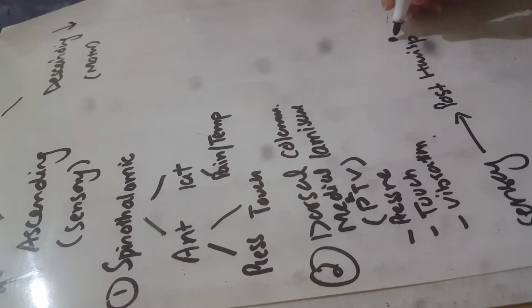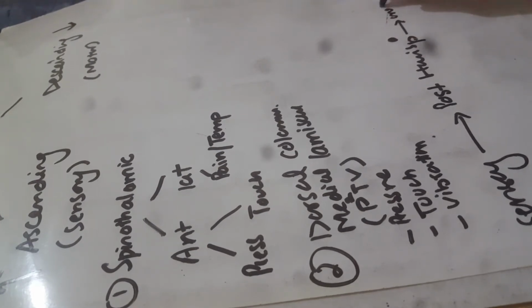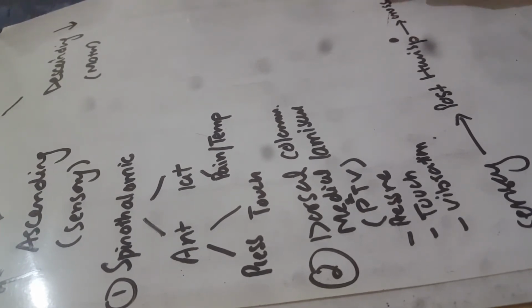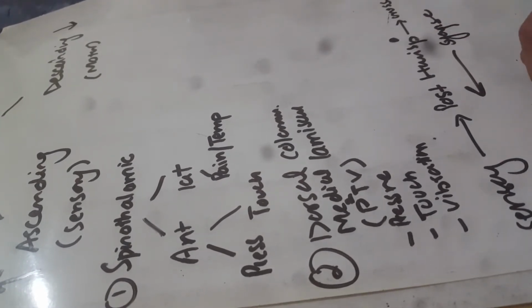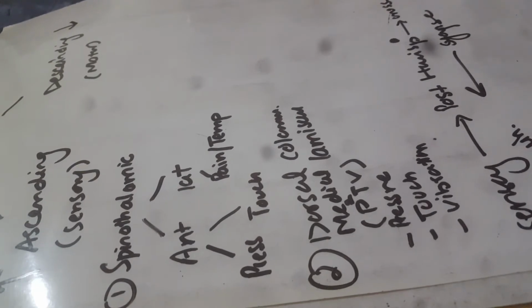After the synapse, it decussates, or crosses, and goes into the white matter of the opposite side, and then again synapses there. After that synapse, it goes into the brain, mostly into the cerebral cortex area or thalamus area.